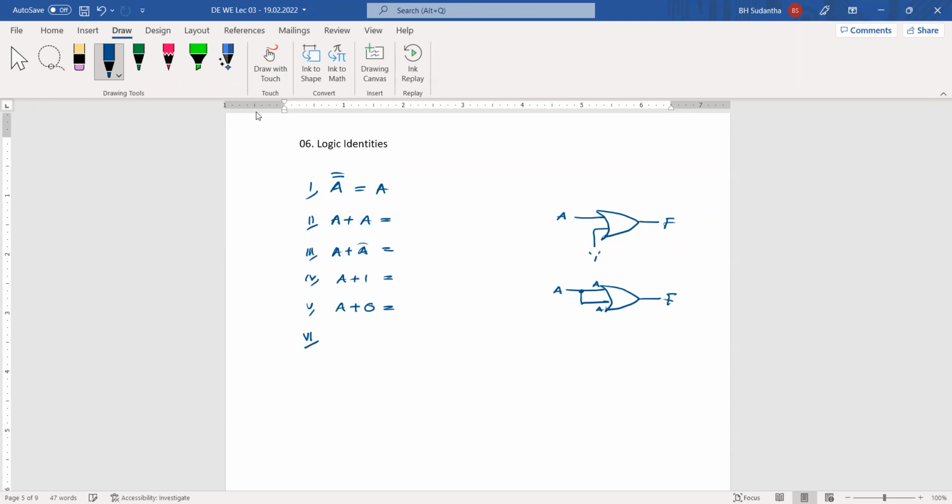Shall we find the same thing for the AND operation also? A dot A. A dot A bar. A dot 1. A dot 0.